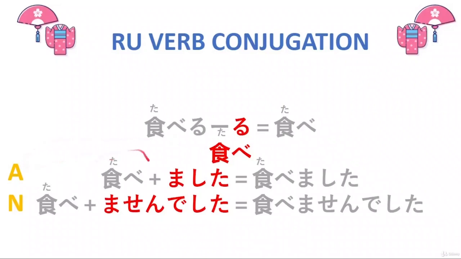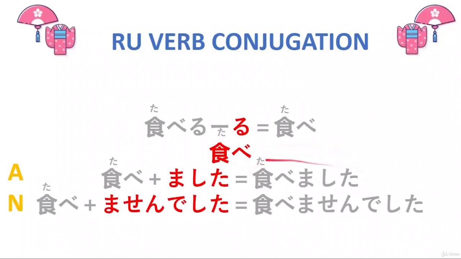So to tabe, we need to add the past affirmative ending mashita. Although it is written mashita, we say mashita. Very good. So the full word ate would be tabemashita.